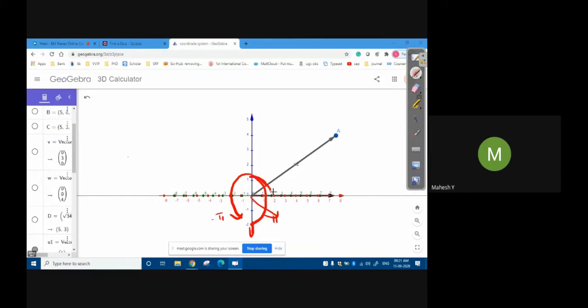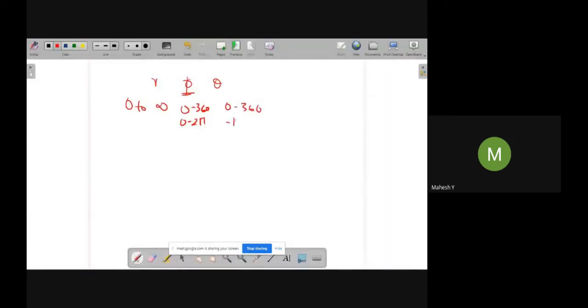It is not like 0 to 360. I am going in the other way from the z axis, that is the angle I am considering. So the limits for theta will be minus pi to pi, or minus 180 degrees to 180 degrees. I think this is clear for you.